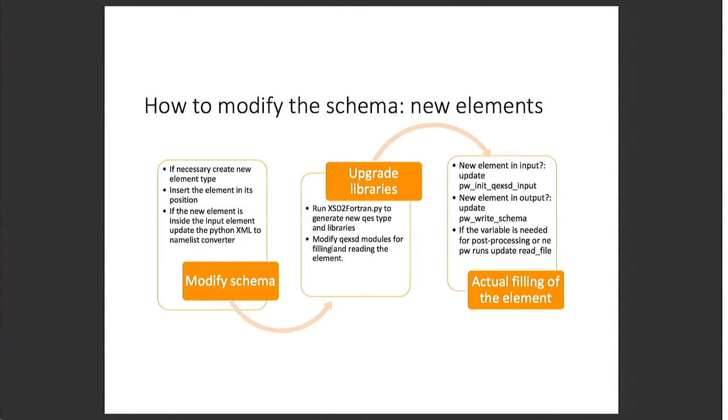And you have to create the element, insert the element in the right position, and also modify the XML. If the new element is in the input element, you also have to remember to modify the XML to namelist converter that allows you to create a namelist from an XML file.